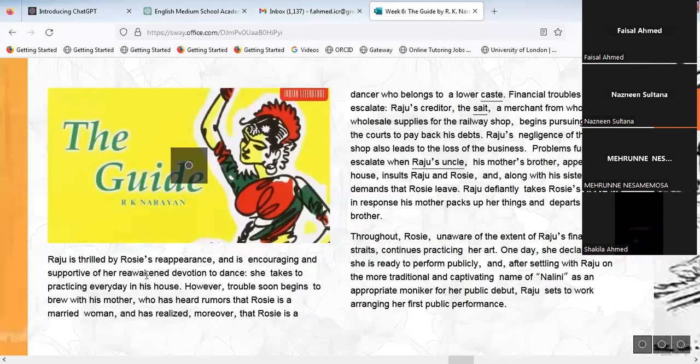Raju is thrilled by Rosie's reappearance. Okay, Raju was missing her. That's why now he feels thrilled by Rosie's reappearance or return, and is encouraging and supportive of her reawakened devotion to classical Indian dance. Right.